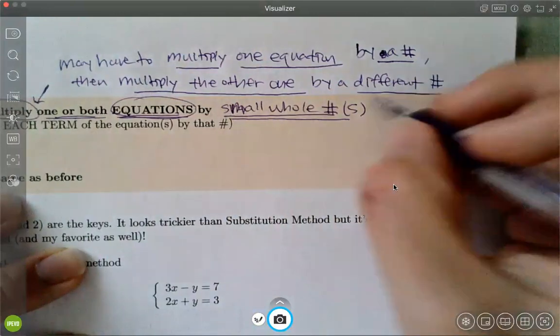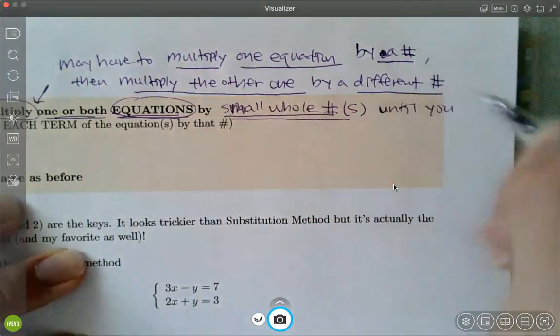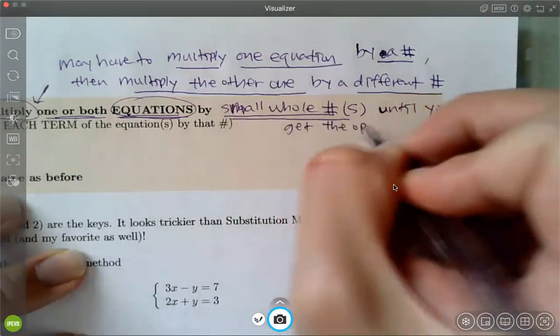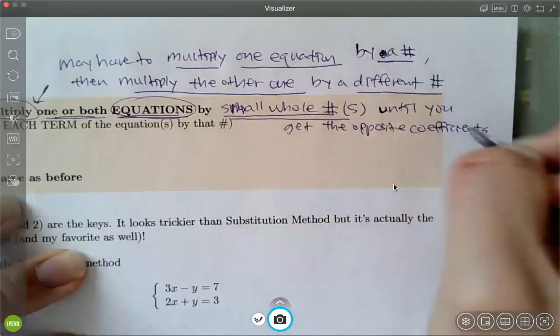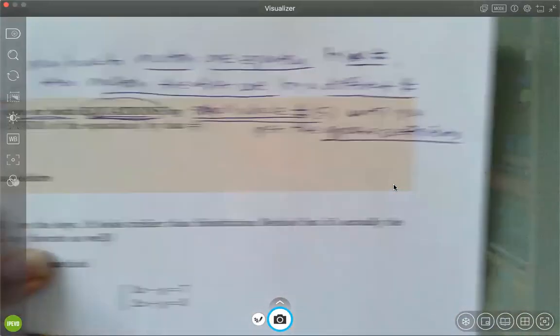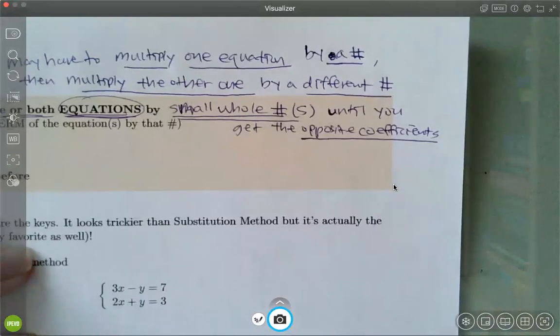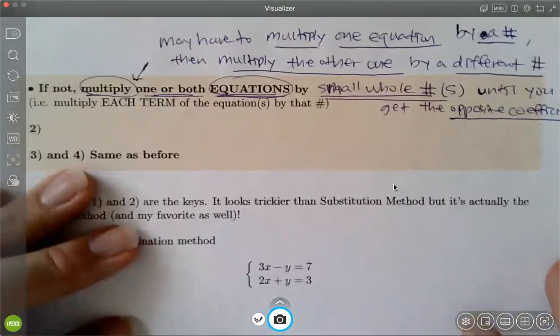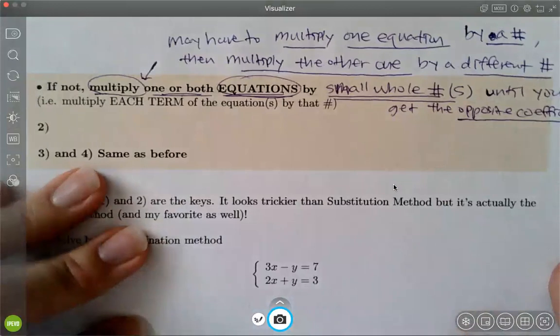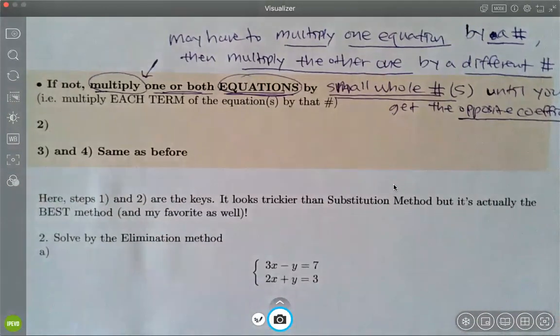Okay, so again, until you get the opposite coefficients for X or Y, basically. Again, I had to translate all the math into English, so that's why this looks terrible, but it's not that bad once you actually do the problems. Yeah, see, that's why math is a whole lot better than English, although some people may disagree, especially English faculties, but whatever.